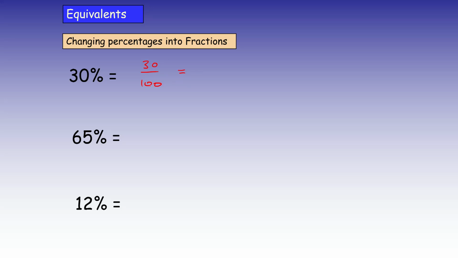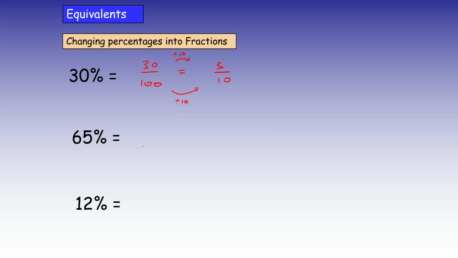I see what can go into 30 and into 100, and I've got to make sure I can divide both the numerator and denominator by the same number. In this case, 10 goes into both 30 and 100, so I can divide by 10. That gives me 3 over 10.